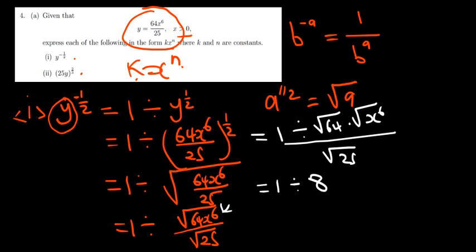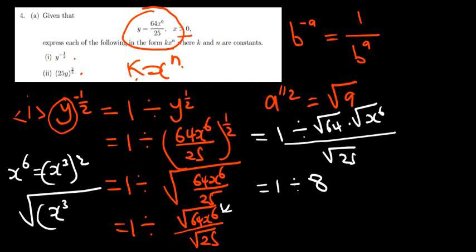We know that x to the power 6 is the same as x to the power 3 and then to the power 2. So I'm going to write it as the square root of x to the power 3, all to the power 2, meaning the root and the square cancel, and I'm just left with x to the power 3. So there I'll write x to the power 3 divided by the square root of 25, which is just 5.